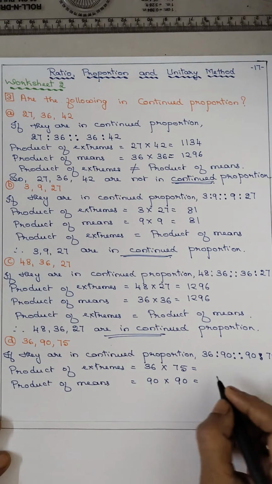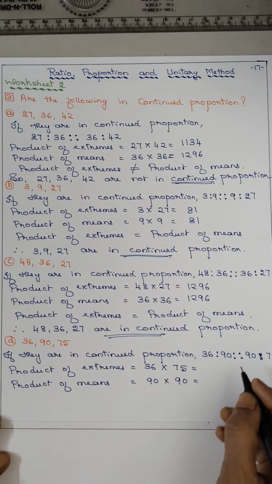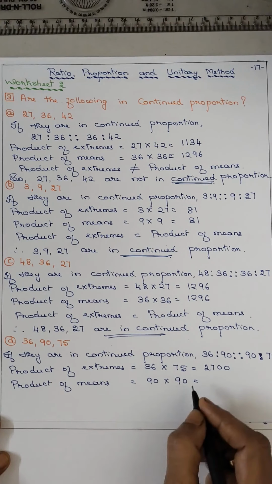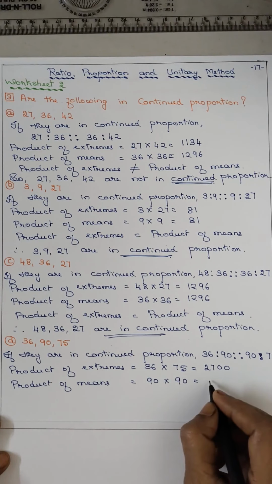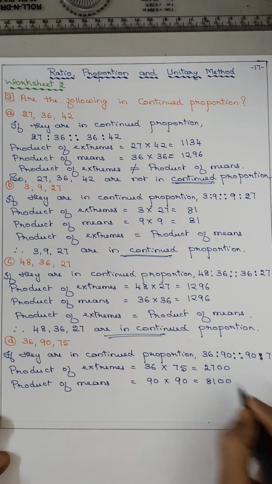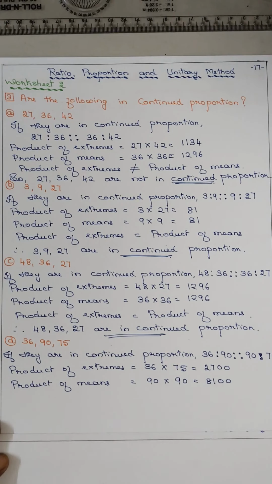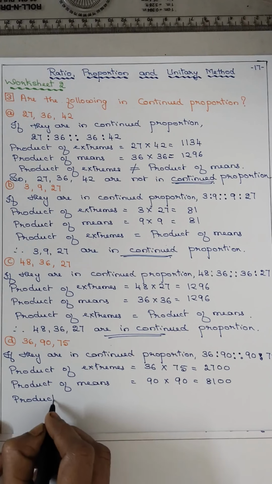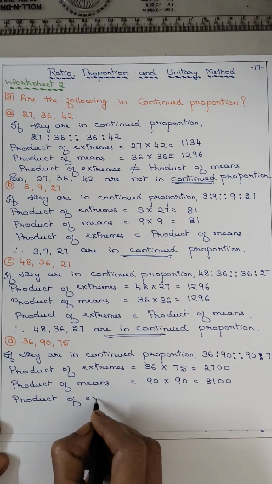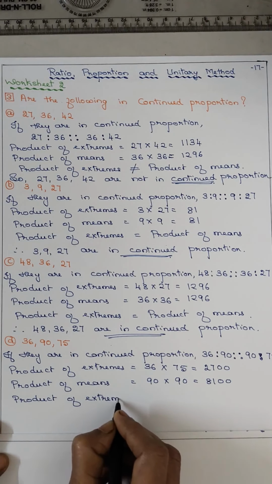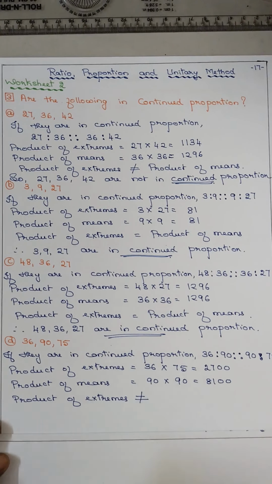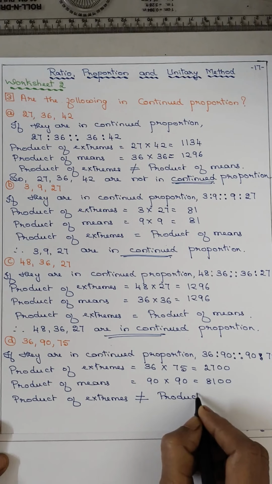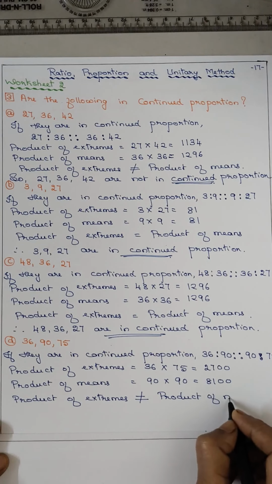When you multiply 36 into 75, you will be getting 2700, and 90 into 90, 9 9s are 81 and 2 zeros. Now they are not equal. Product of extremes is not equal to product of means.